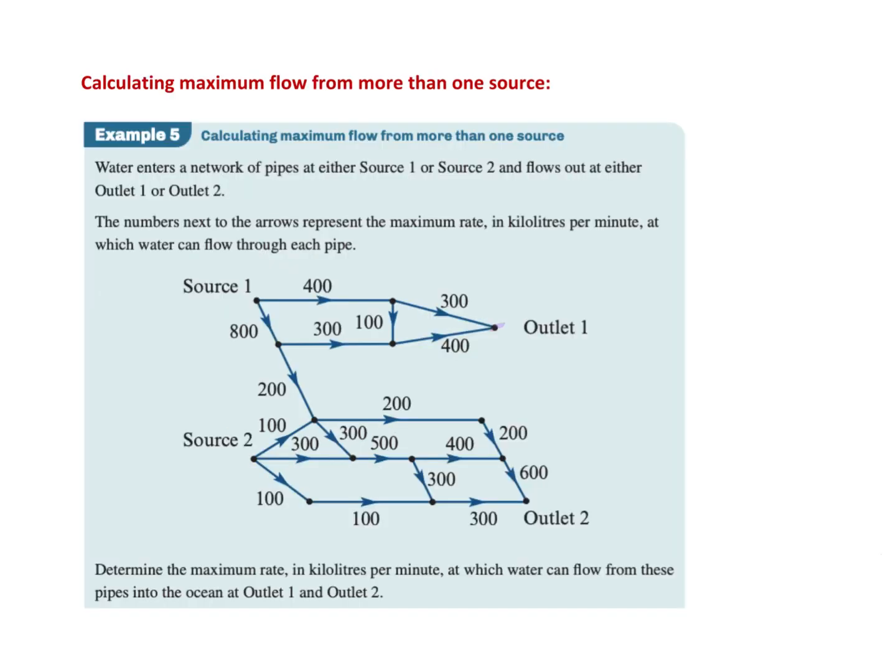Okay, so when you're going to get examples where you've got two sources, what you have to do is you separate them, and you do two separate flow problems. So what you can do though is you can pretend, see how they're joined. You give this joining pipe to the one where it's flowing into.